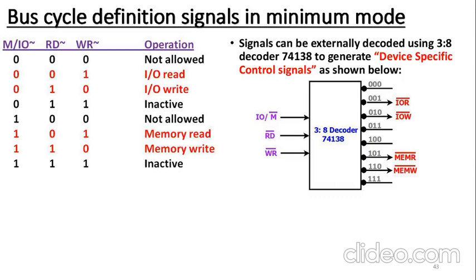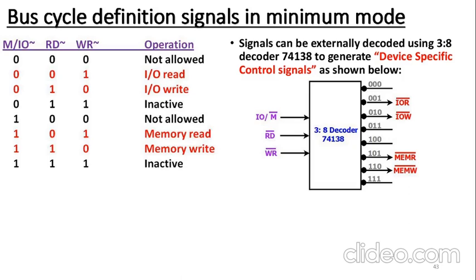Similarly 101, that defines memory read operation. So 101 is sixth output line of that corresponding decoder. It defines MEMR bar, memory read bar control signal. And then 110, that is a memory write operation. So seventh output line of that 3 to 8 decoder, that defines MEMW bar, that is memory write bar control signal.